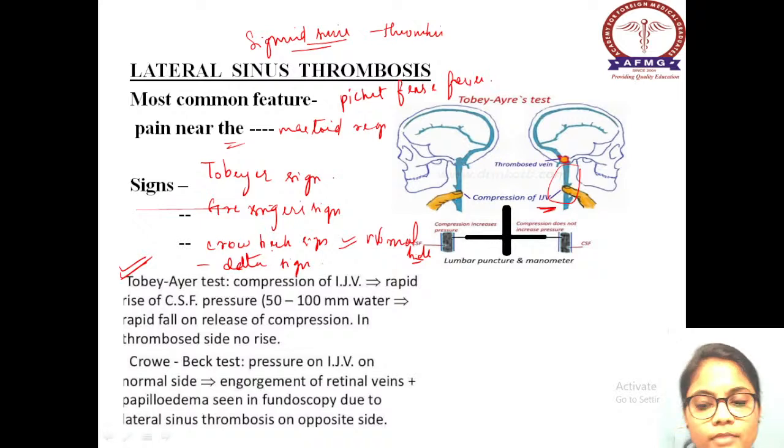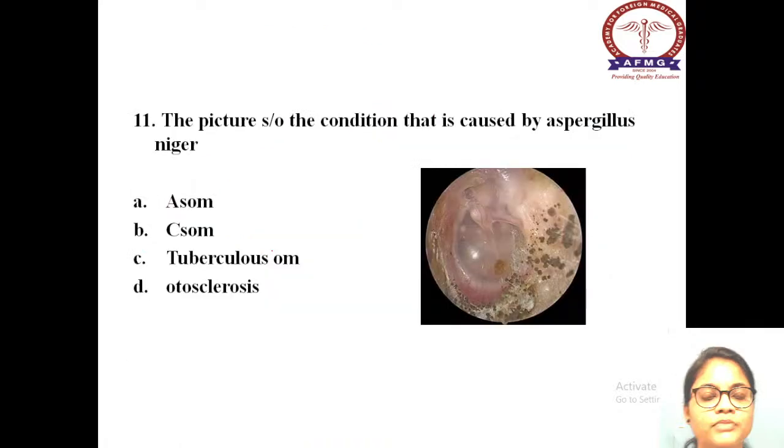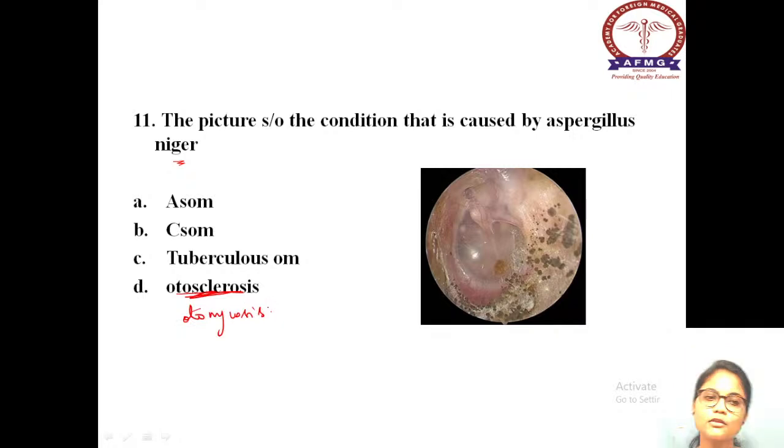So the next question is, the picture suggestive of the condition that is caused by Aspergillus niger. I know that the options are wrong here. This option is otomycosis. So now you can answer this question obviously. What's the right answer?